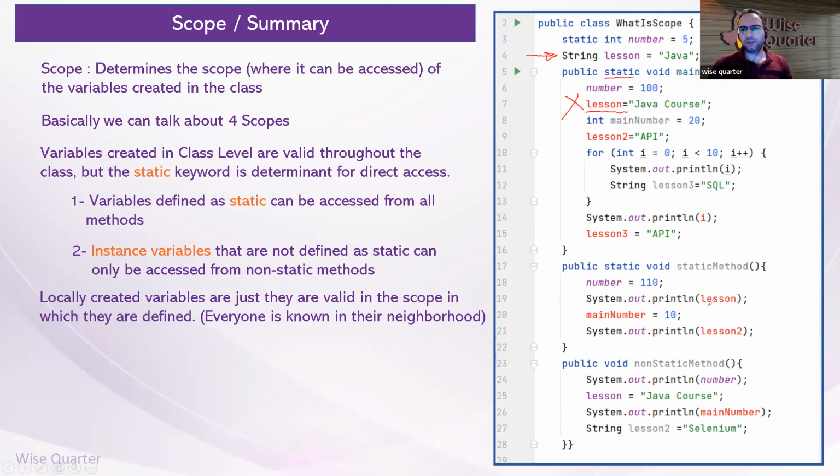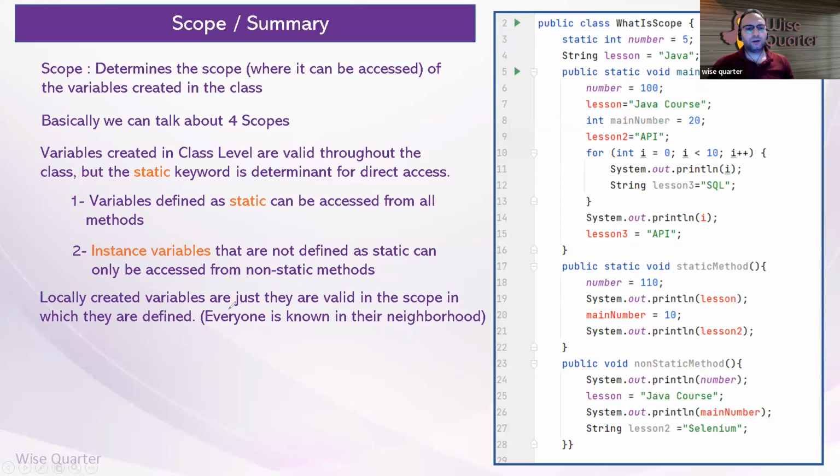Here we are. I am trying to use the same variable. Still, this is a static method. You cannot use it. Whenever we come here, lesson, we can use it because it is not static, and this method is also a non-static method, so you can directly use it.